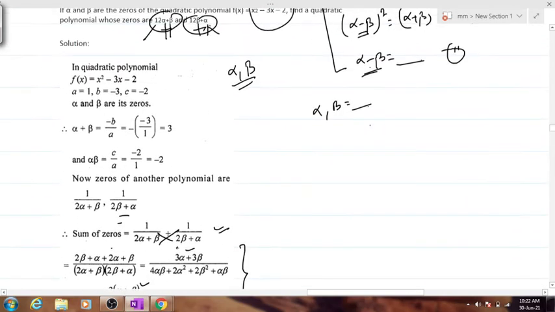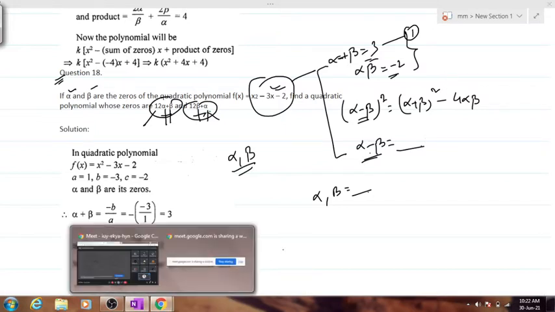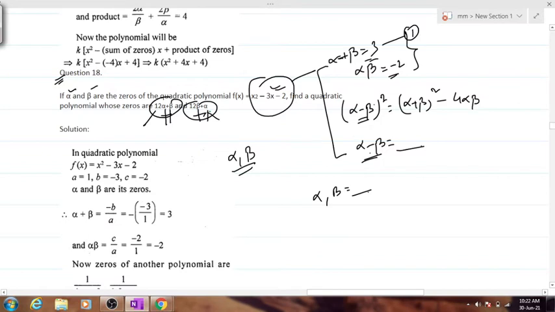Let's try out using this method. How much will you get alpha minus beta? Anyone tell me how much you will get alpha minus beta? Nobody has done it. So let's do it now. Tell me now alpha minus beta, fast. This is whole square. Alpha plus beta, this will come 9, this will come 4 into 2, 8.